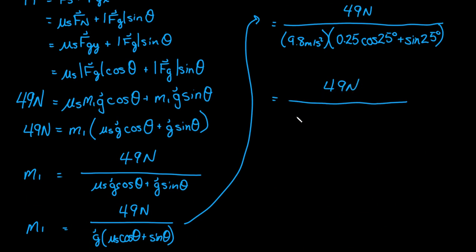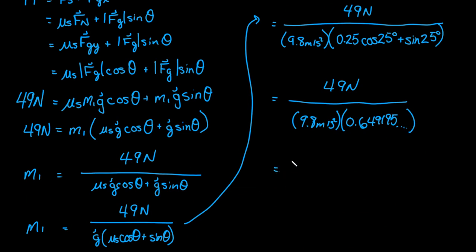So we got 49 newtons divided by gravity times, this works out to be, I get 0.649195 and so on. I'm just going to use that entire value and multiply by 9.8.